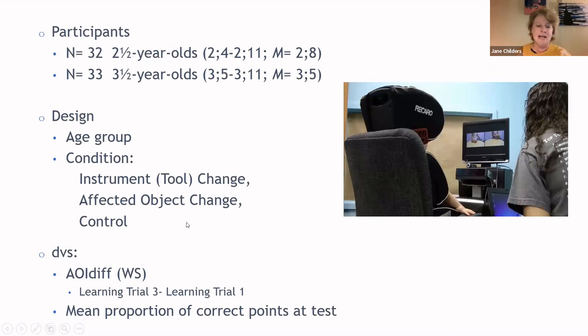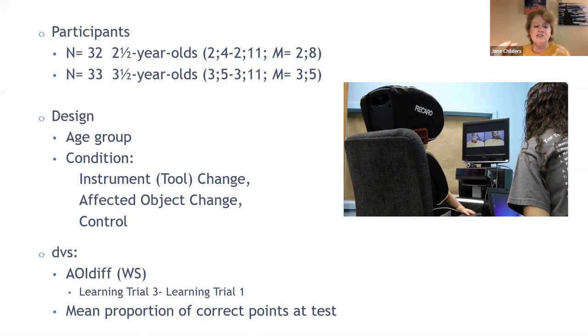So in this study, we had 2.5 and 3.5-year-olds, just as usual. But we tested 3 conditions. One where we changed the tool across 3 events. One where we changed the affected object, the thing the tool affected, across the 3 events, and a control with no change. And we're going to look during learning, we're going to see, does their looking change?